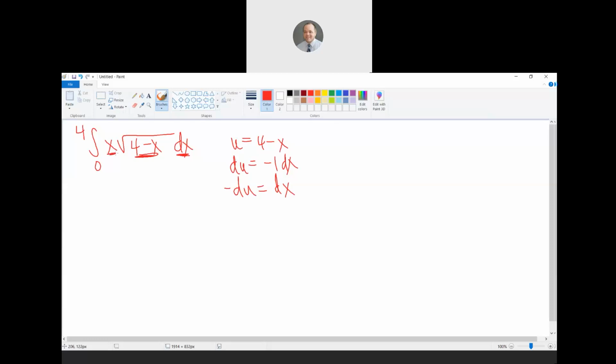But we can go to our original u substitution and solve for x. So if we subtract 4 from both sides of our u substitution, we get u minus 4 equal to negative 1x.